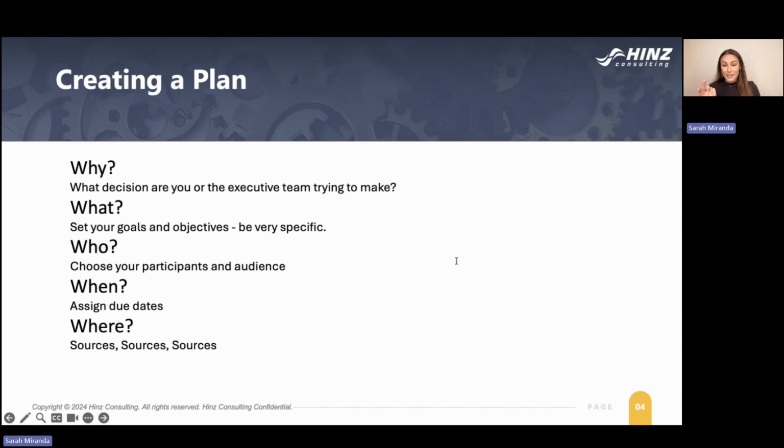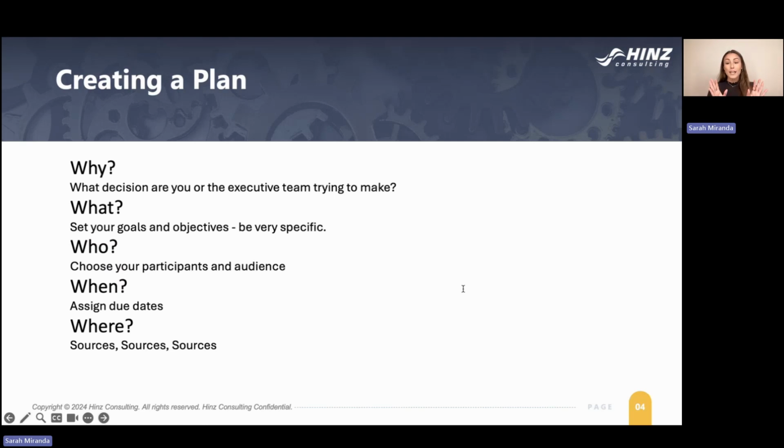Is it a bid, no bid decision? Are you deciding win themes, deciding how to price? Knowing why you're collecting this data sets you up so that you can best understand what to ask in this next step.